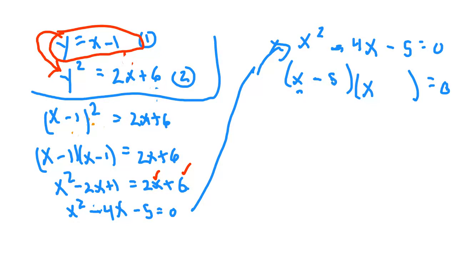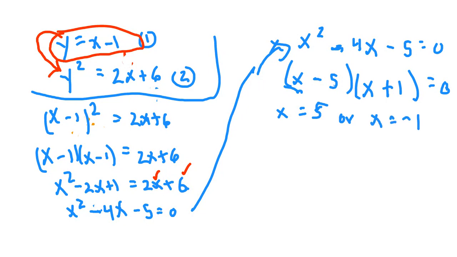Okay, so x minus, right. So we have x minus 5 and x plus 1. That's right. So x equals 5 or x equals negative 1.